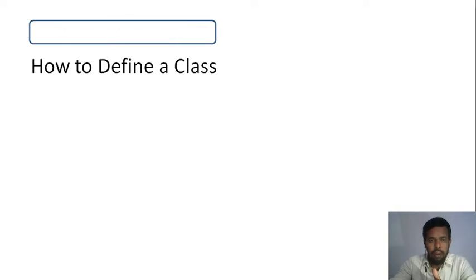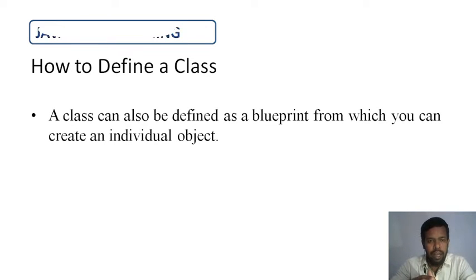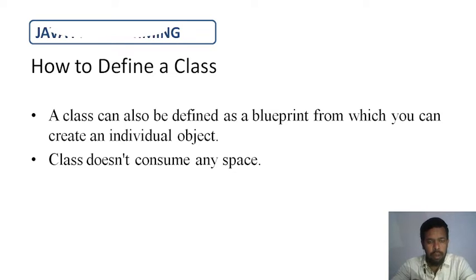Okay, see the first point. A class can also be defined as a blueprint from which you can create an individual object. Next, a class does not consume any space, because the memory will be occupied by the object. A class cannot consume any space.